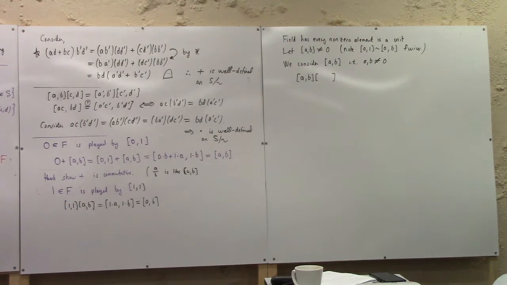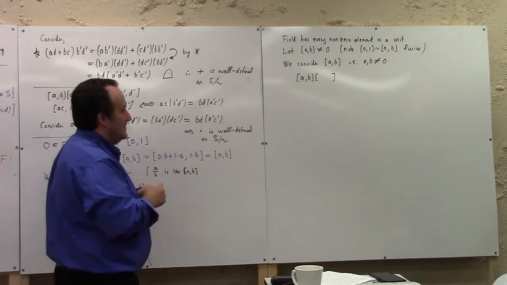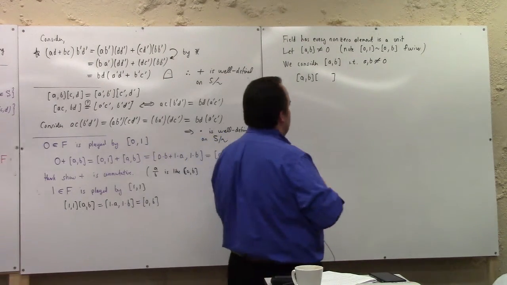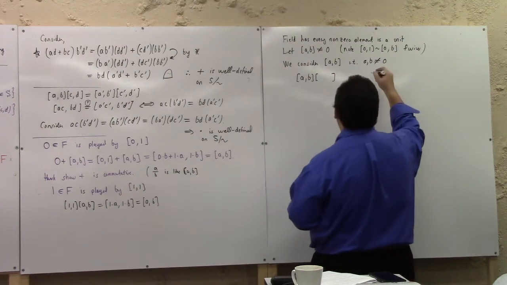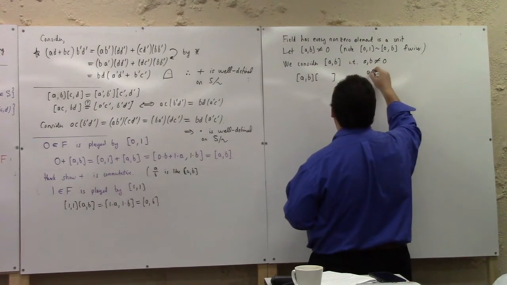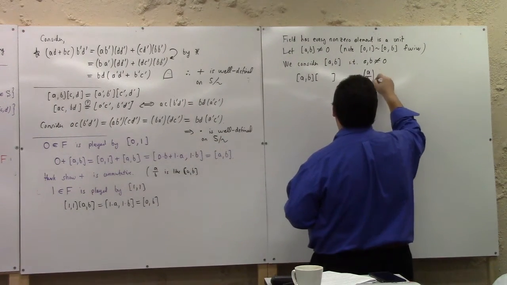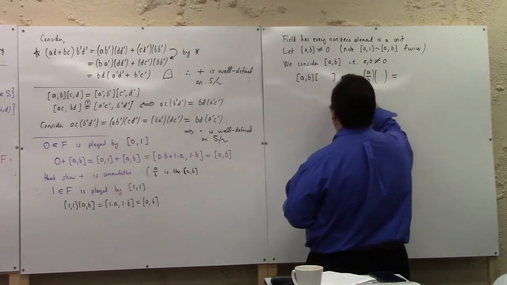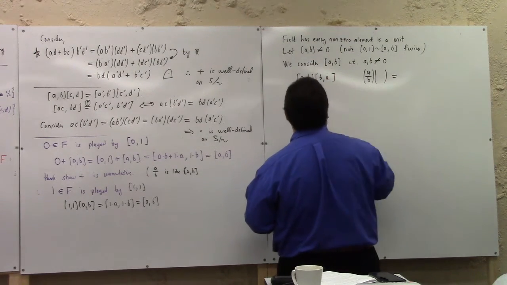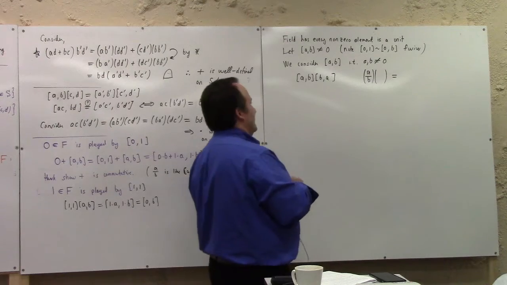Would it be 1 comma a, 1 comma b? No. Let me put it in other terms. So if you had a over b, right? That would be (a, b). You might, yeah, (b, a). I was going to get there eventually.